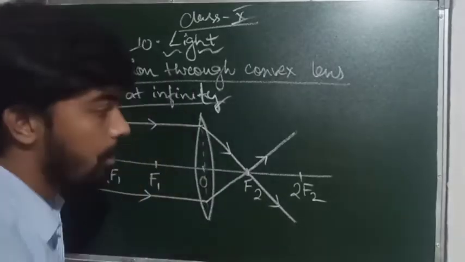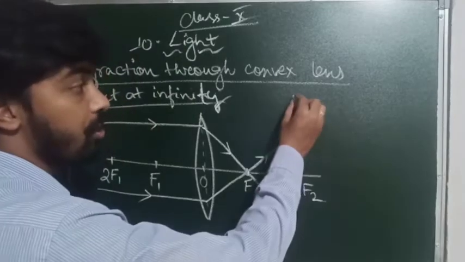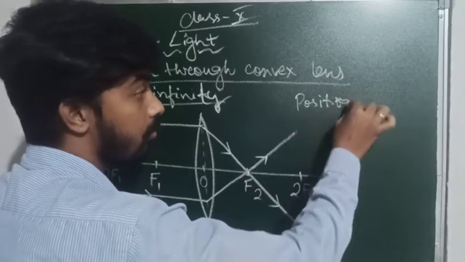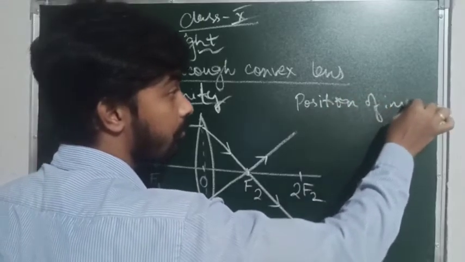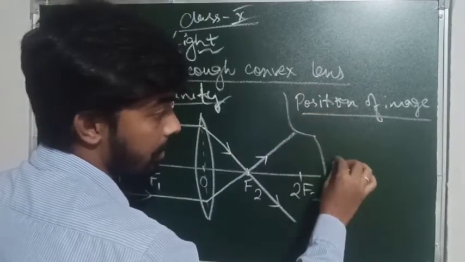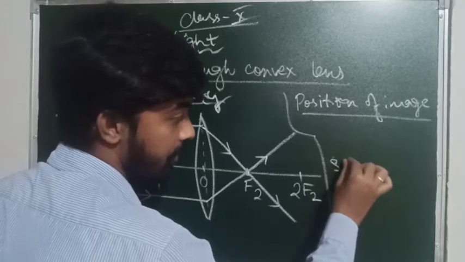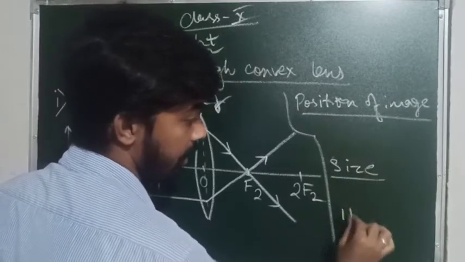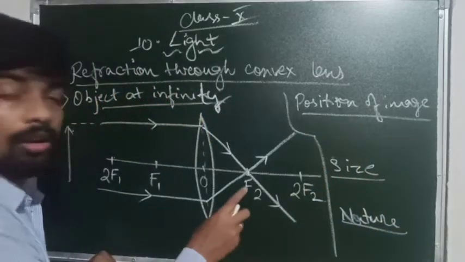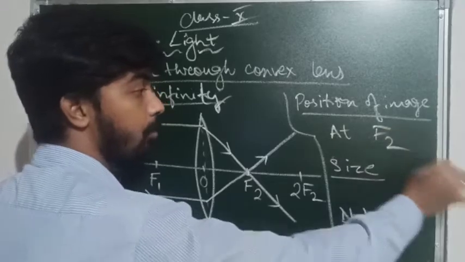Now here you will have usually the position of image, then the size, and nature. We will take the size first, then nature. Position of image is formed at f2.